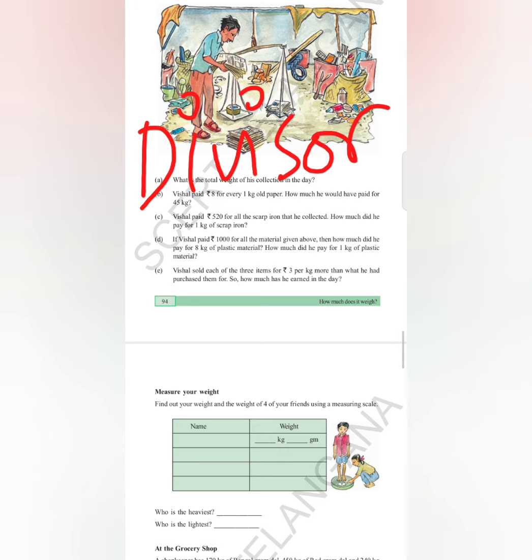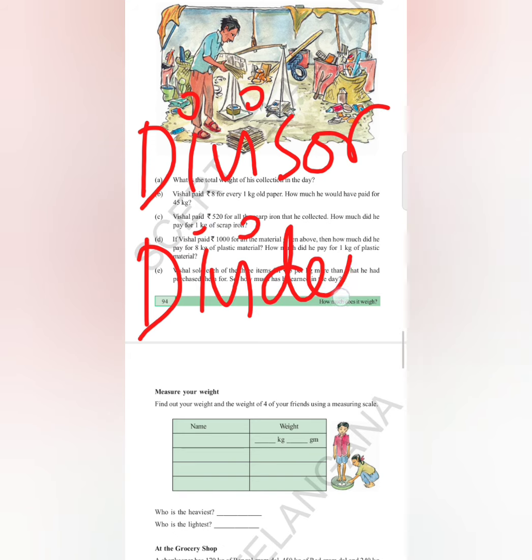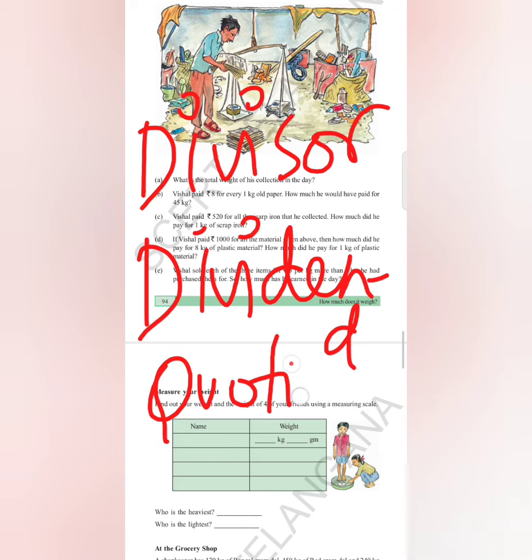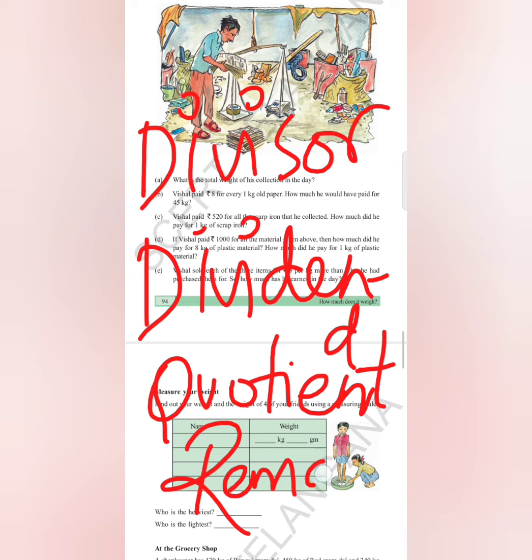Which number is dividing? That is divisor. Which number is getting divided? That is dividend. And what do we get as the answer? That is nothing but quotient. And at last what do we get? At the bottom, that is remainder. Okay.